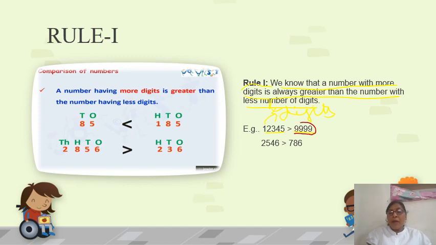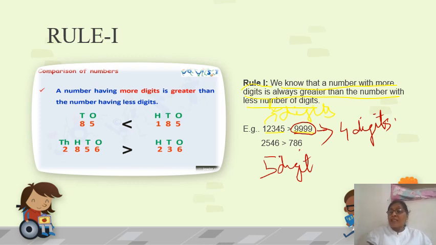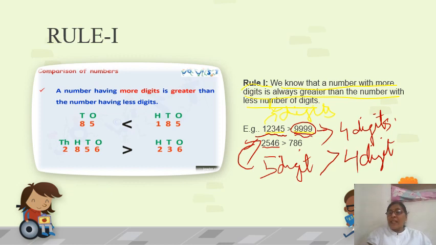In this number, how many digits? 4 digits. A 5-digit number is greater than a 4-digit number. So 12345 is greater than 9999.